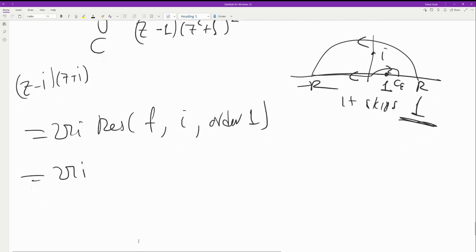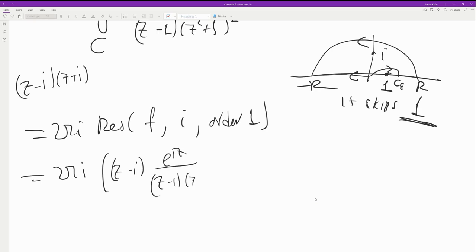Let me write it: z minus i, e to the i 2 pi z, over z minus 1, z squared plus 1.